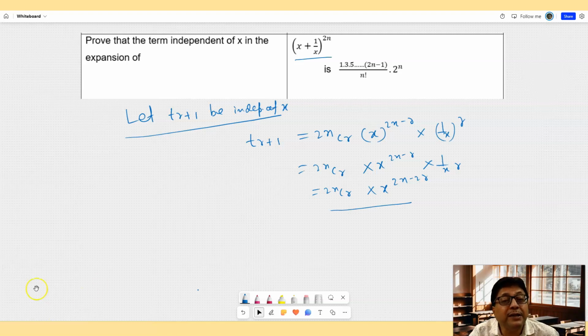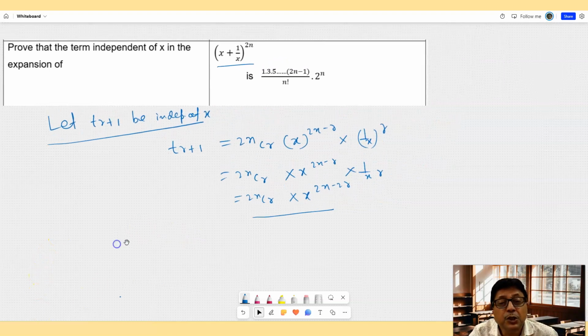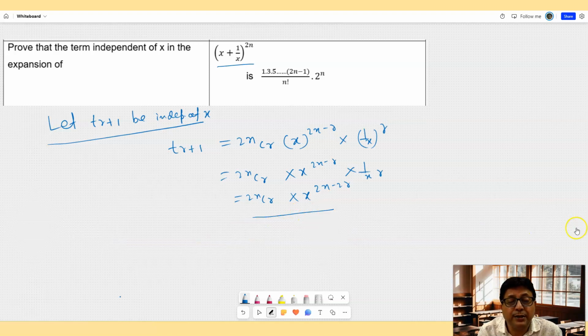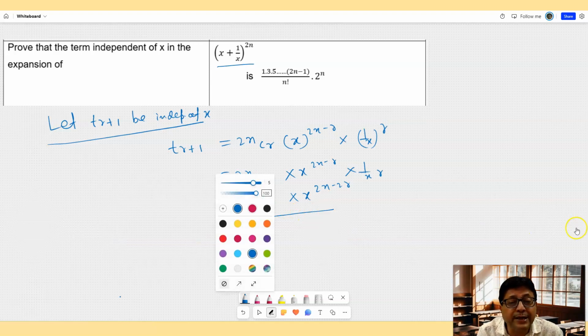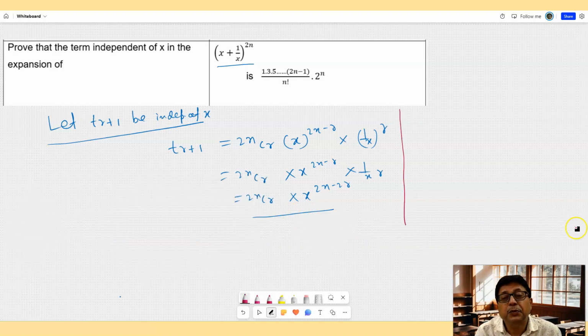Now they ask you to find the term independent of x. So there will be no x over there. If it is independent of x, then we must put 2n minus 2r equal to 0. So r equal to n. Therefore, T(r+1), which is nothing but T(n+1), is independent of x.